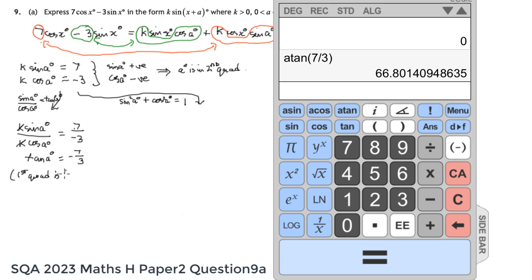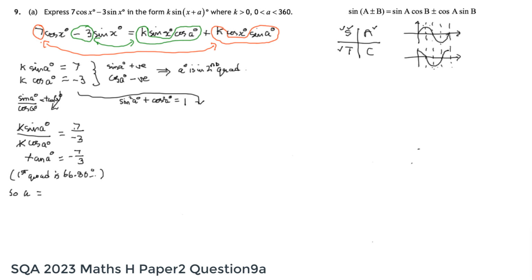66.80 and so on. So first quadrant angle is 66.80. Now, the one we're after, since A is in the second quadrant, and remember in the second quadrant, you go all the way around to 180 and subtract the first quadrant angle.